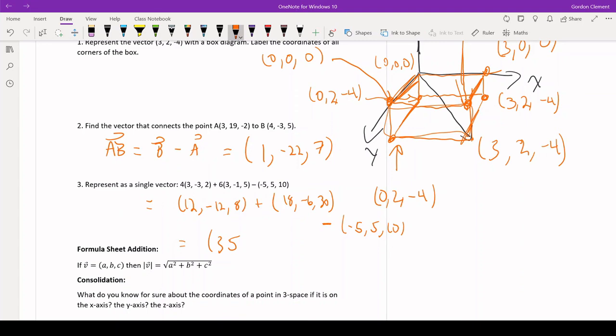And then that looks like 12 plus 18, take away negative 5 would be 35. Negative 12 plus negative 6 is negative 18, and then take away 5 more is negative 23, I think. And then 8 and 30 is 38, and then subtract 10 is 28. So that would be my final answer there.